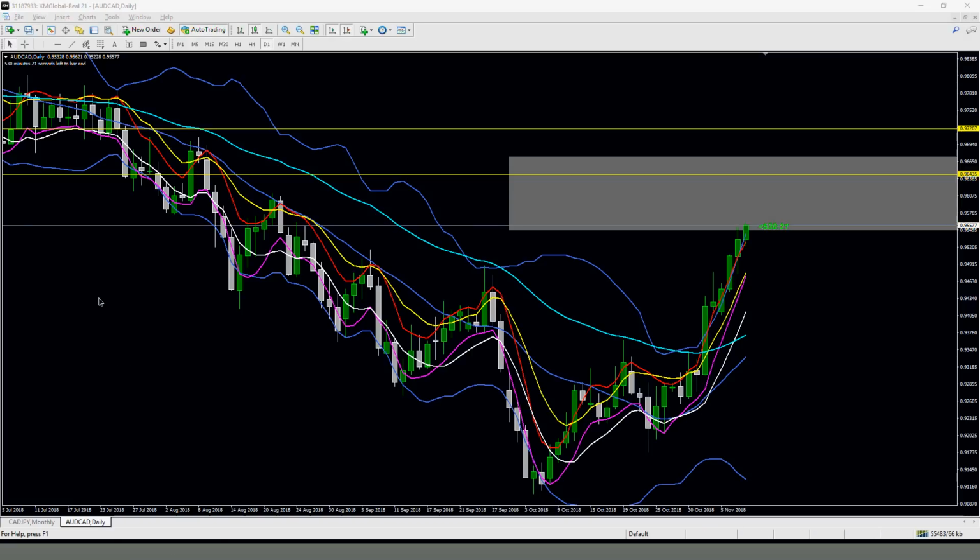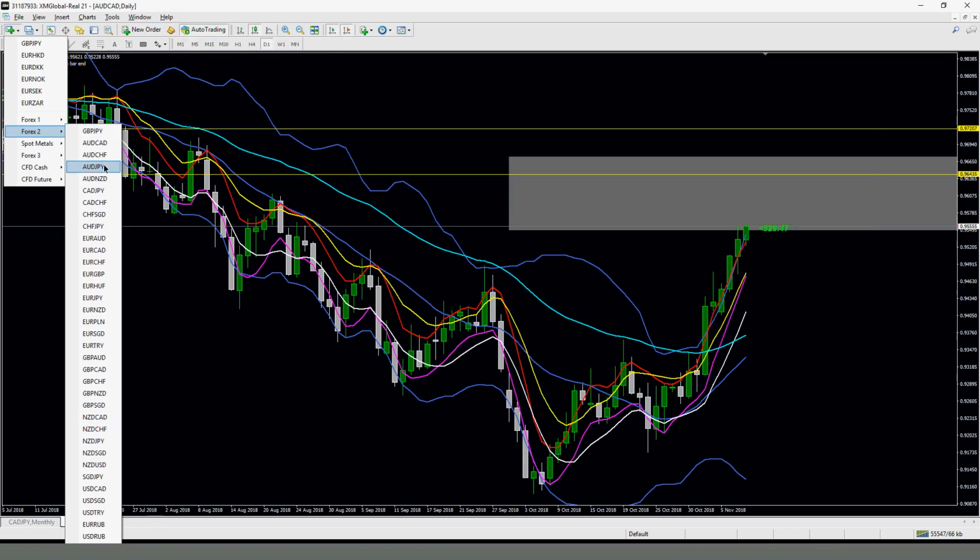Let me just find another example of zone entries and confirmation entries. Let's look at AUD JPY.